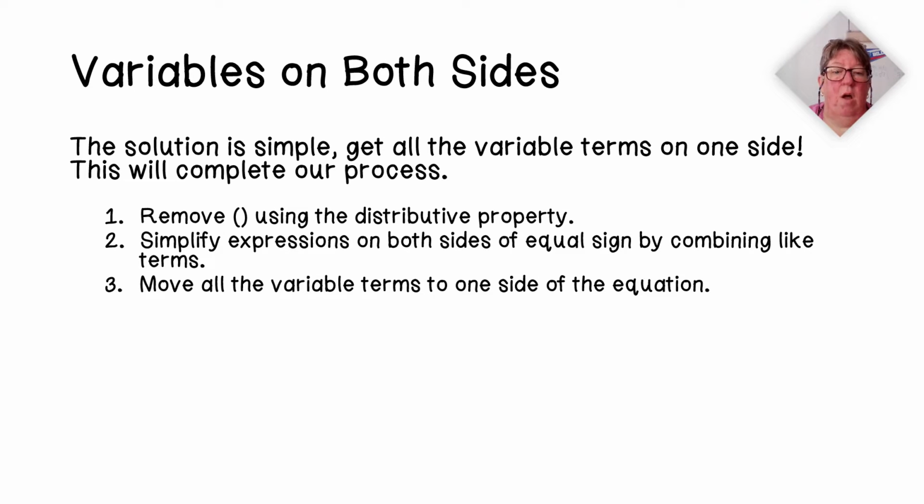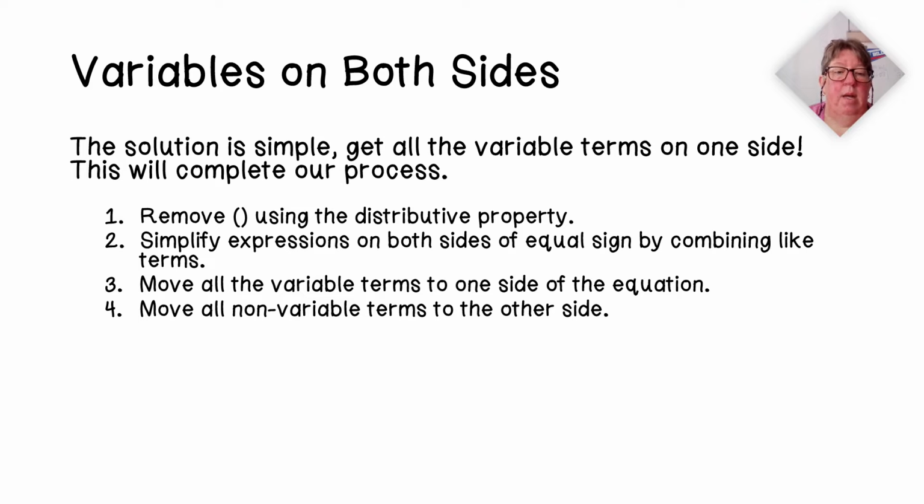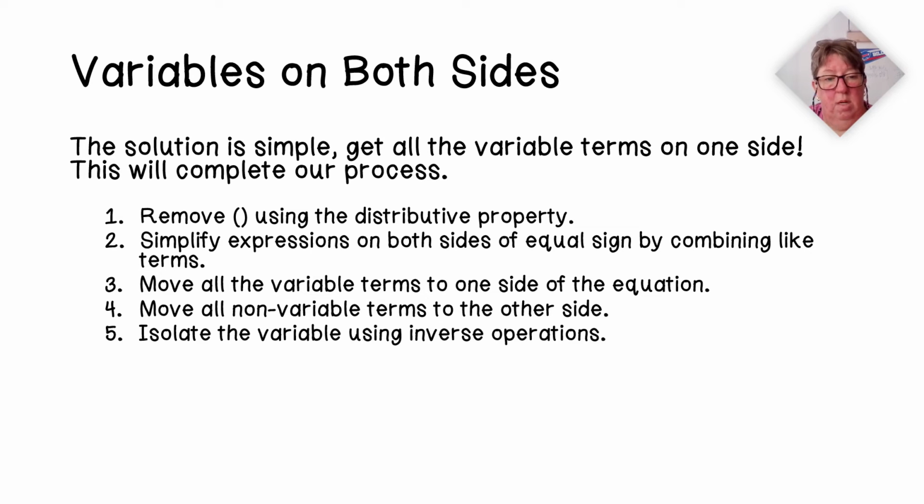Next, we're going to move all the variable terms to one side of the equation. Next, we're going to move all the non-variable terms to the other side. Step 5 is we're going to isolate the variable using inverse operations, and then we're going to verify our solution.